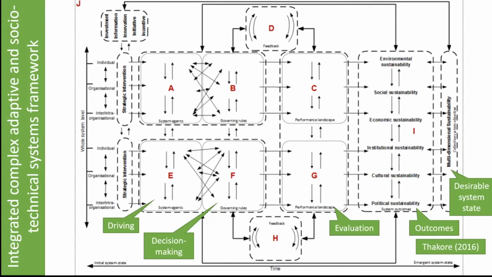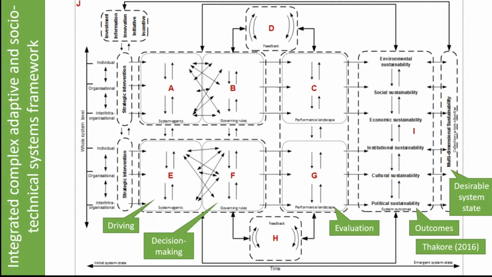And then finally, balancing all those dimensions, we want to achieve multidimensional sustainability of a system. Okay, so this is the theoretical background of the integrated CAS and socio-technical system. And this was developed as part of my PhD.